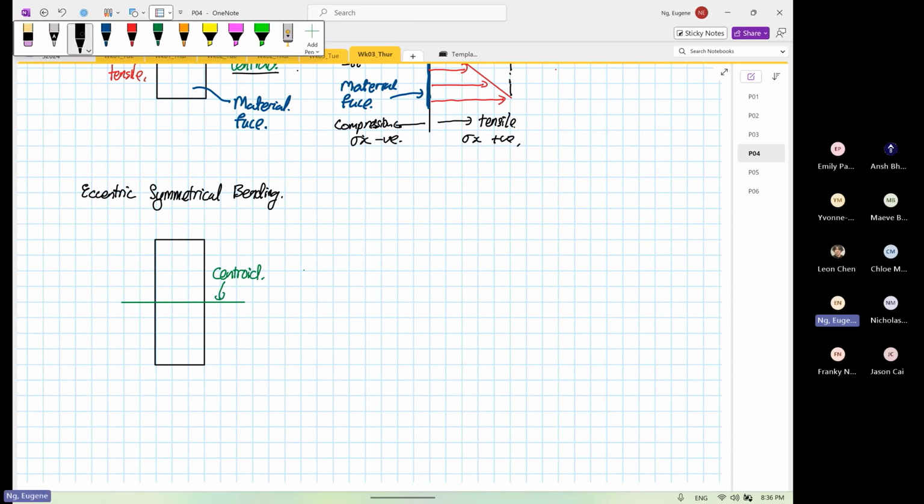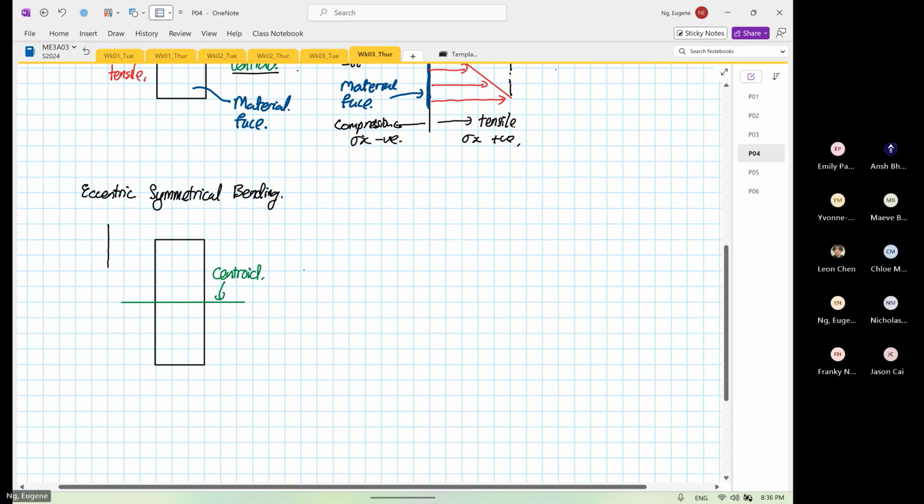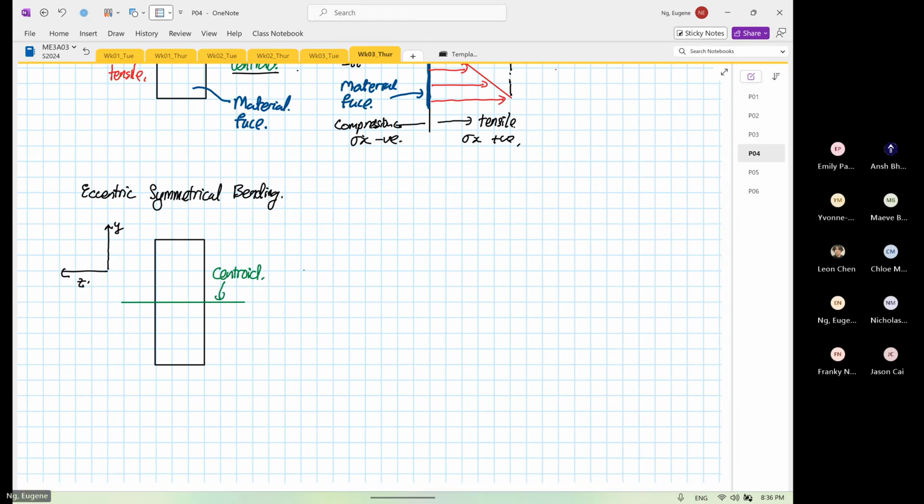So this is our Y, and this is our Z. So under eccentric, we know that stress X is equal to, so we're going to assume, Px over A minus Mz over Izz multiplied by y.